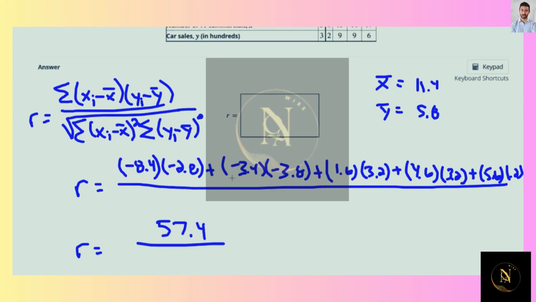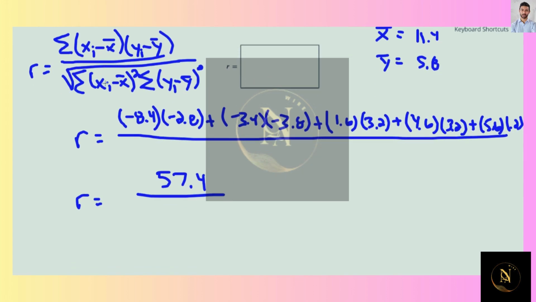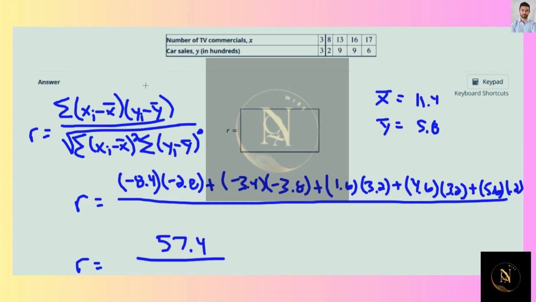And then in the denominator, we've got the sum of the difference of the squares. So the difference between the value and the mean squared.